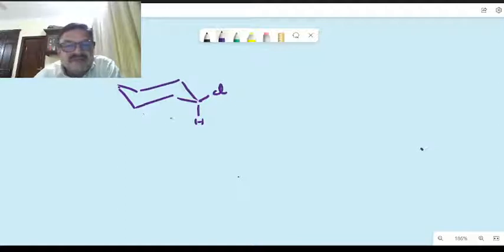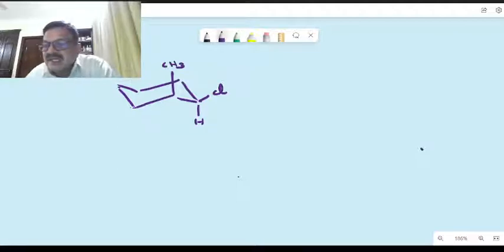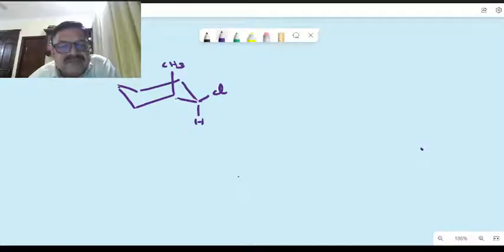Then this CH3 group over there. That is an axial CH3 group, an axial methyl group here. This is the equatorial hydrogen, of course. So axial methyl group and equatorial chlorine. That is the cis isomer, cis conformation. One group axial and one group equatorial. We can call this conformation A, and the other B. So here there will be ring flipping.